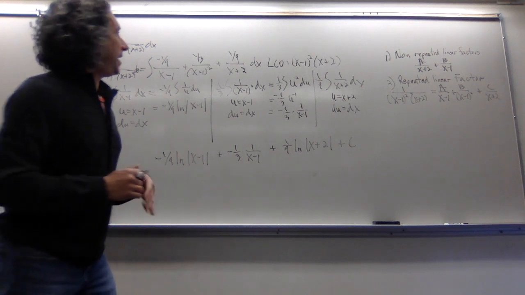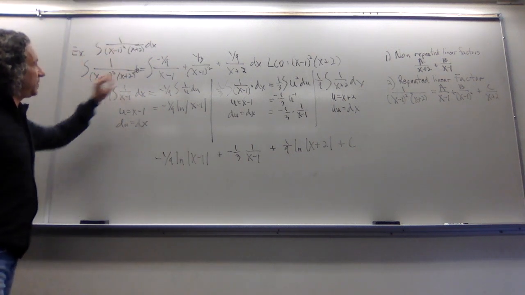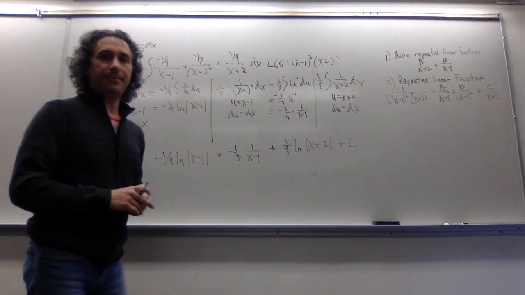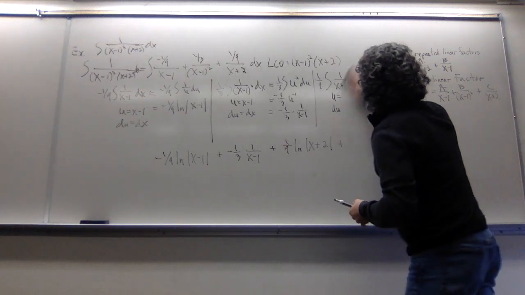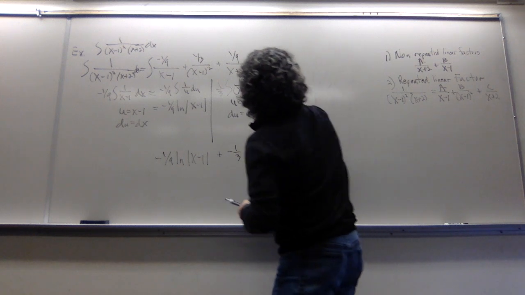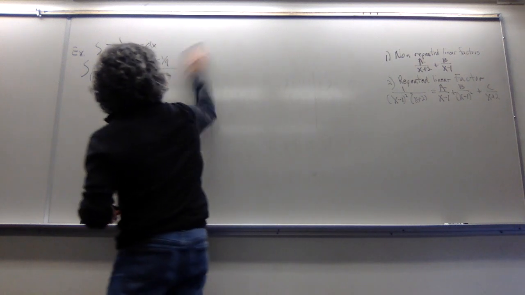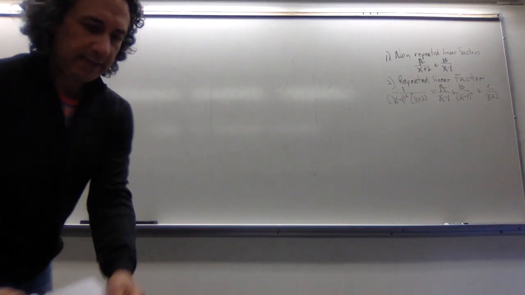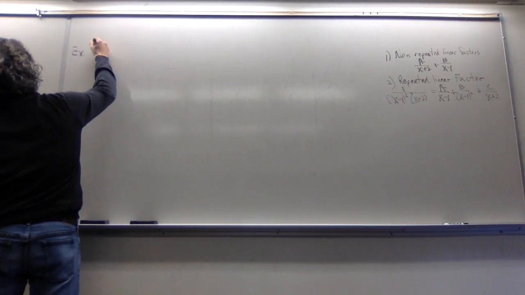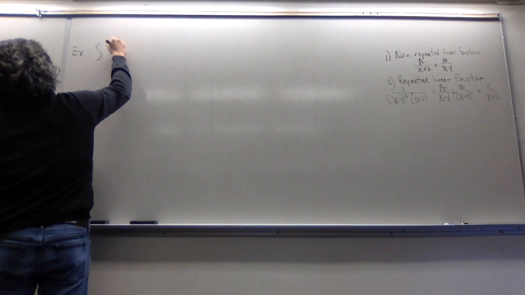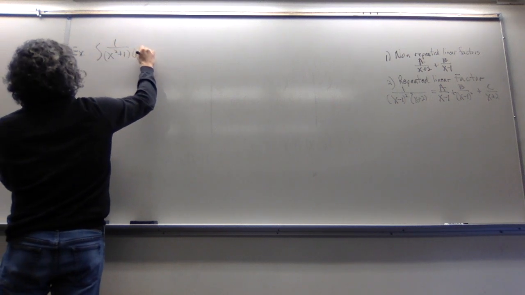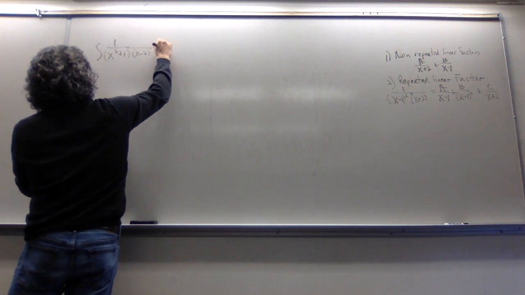And again, what it does is convert something into something that we can actually integrate. So there's one more case that we're going to study. Let's check it out. The example I have in mind is the integral of 1 over x squared plus 1 times x minus 2 dx.